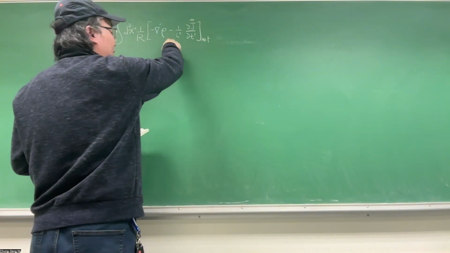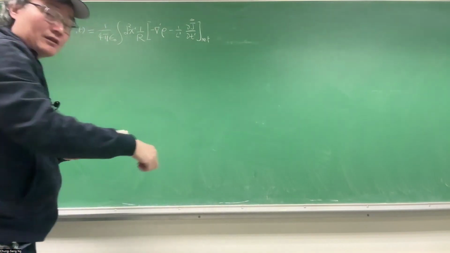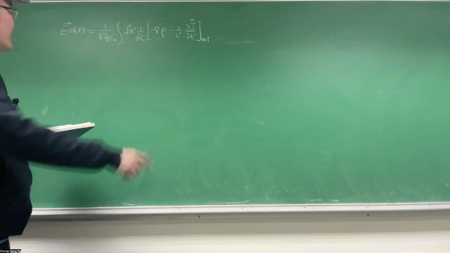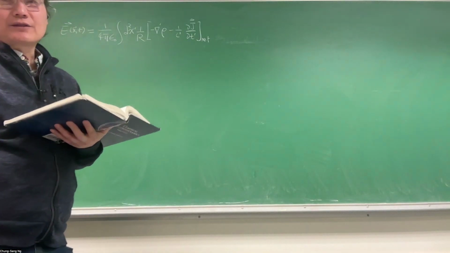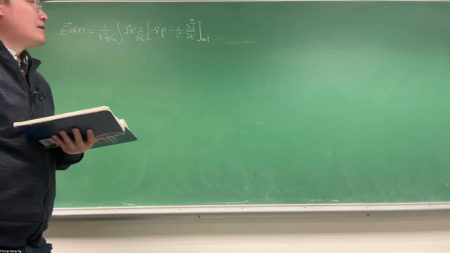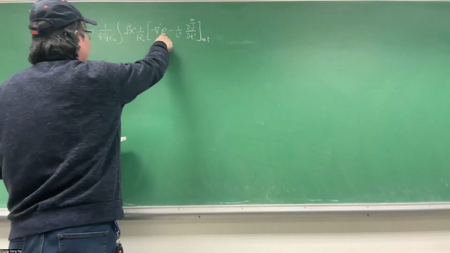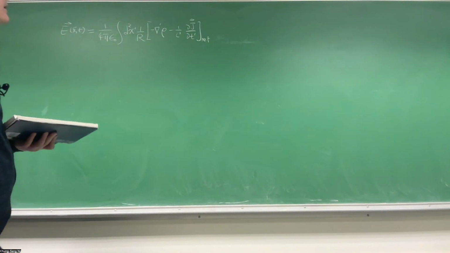Retarded bracket means whatever t prime is inside the function, we change it to t minus R over c. R has its absolute value, x minus x prime, the distance between x and x prime. This gradient only works on the original x prime dependence.